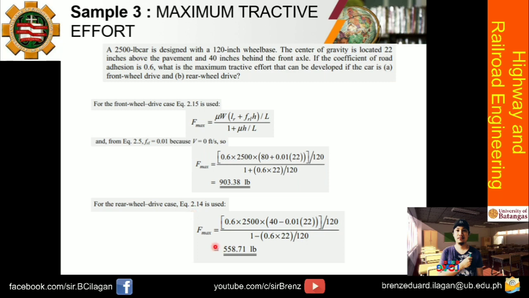Your Fmax, if rear-wheel drive, is 550.71. So as you can see here, the maximum tractive effort for a rear-wheel drive is much lower compared to the vehicle with front-wheel drive, which has a value of 903.38. Okay, so let's stop here.